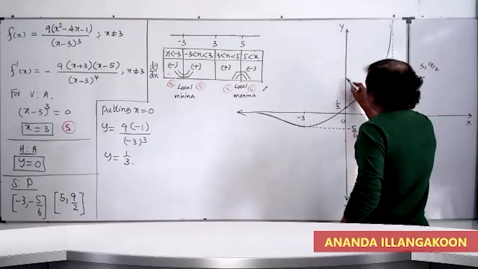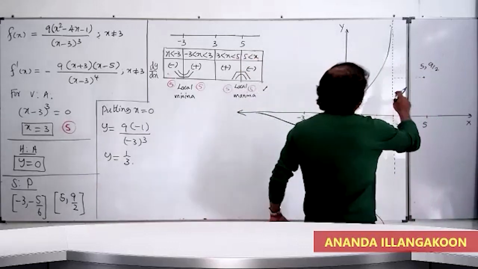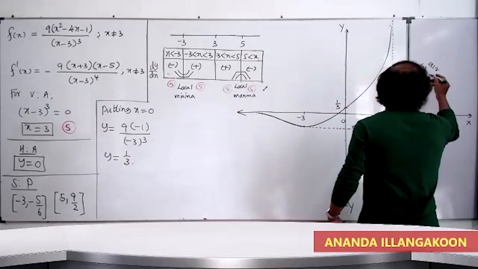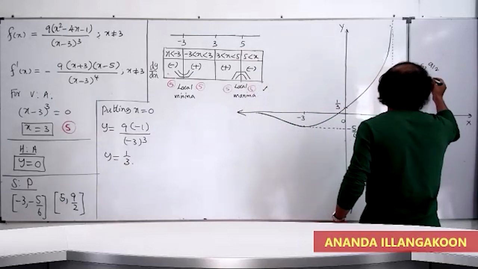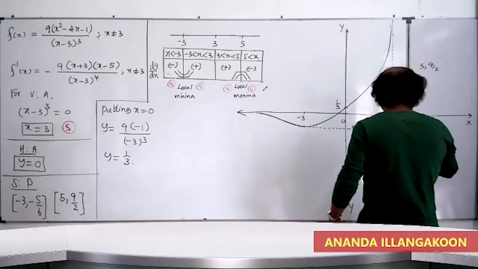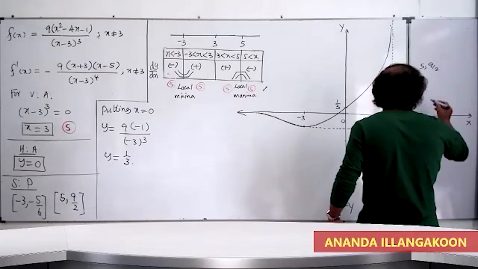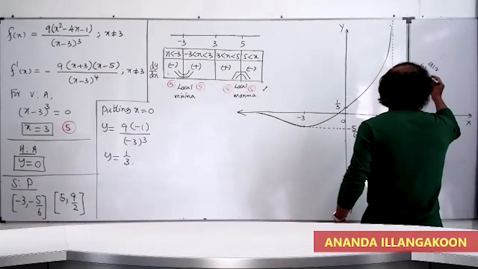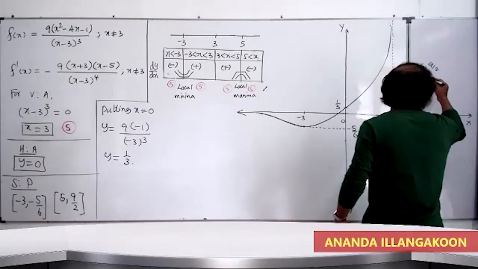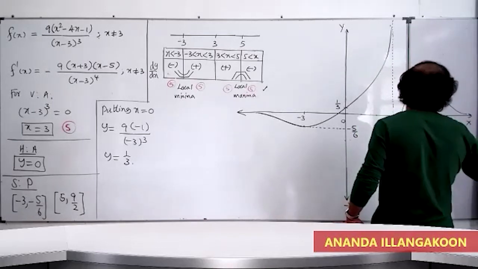This is 9/2, right? Okay. Write only the coordinates, enough. 9/2 here. Then there is a maxima. This way the graph is coming.